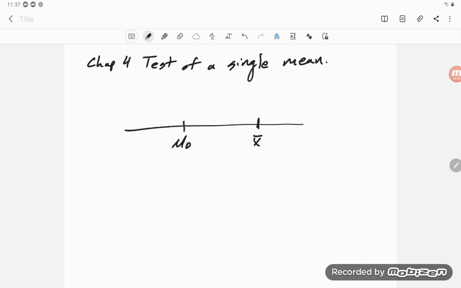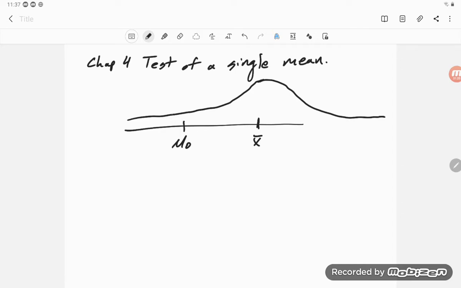from your sample. And in a confidence interval, the idea is that you take your t distribution, or z if you have a big enough sample size, and you would think of it being centered over x bar.